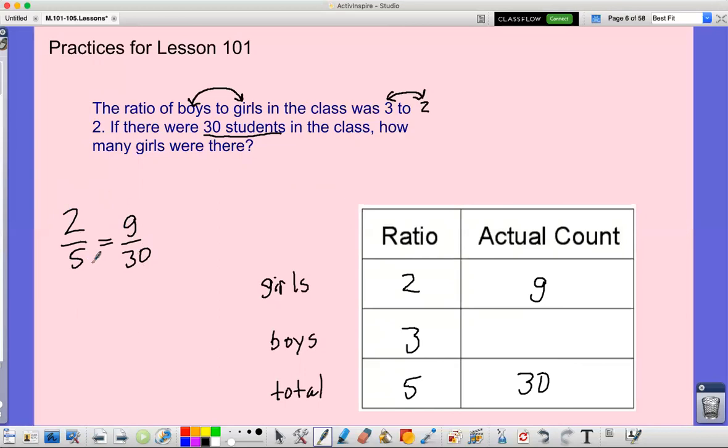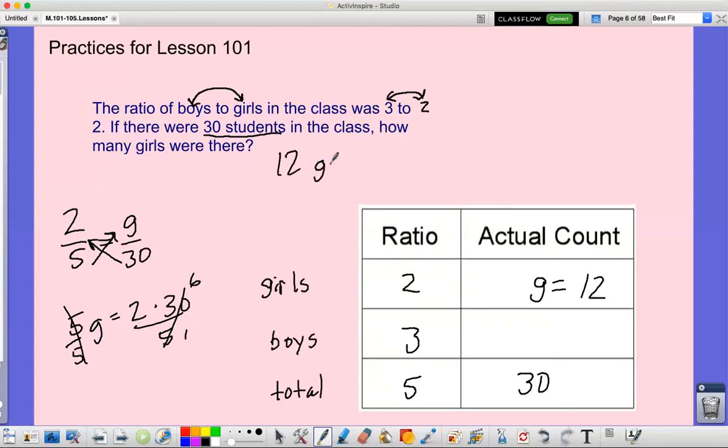But if we complete the cross multiplication of these, you still end up with the same answer. You should end up with 5G equals 2 times 30. In this case, divide by that, divide by this. You still end up with 6 over 1 there, and it's still 12. So for the girls, you still get the correct answer, 12 girls.